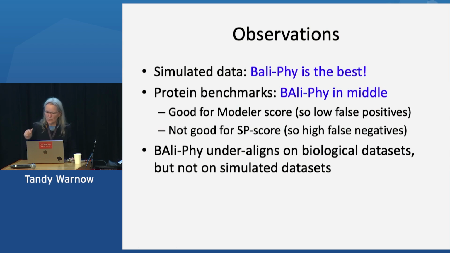It's good for modeler score, okay? It's not great for SP score. So few false positive homologies, a lot of false negatives. And the question is why? One way of seeing that is that Bellify is under-aligning. It's basically making longer alignments. A lot of these methods make shorter alignments. And Nick Goldman from Cambridge has been talking for years about how alignment methods have been developed to make short alignments because they're prettier.